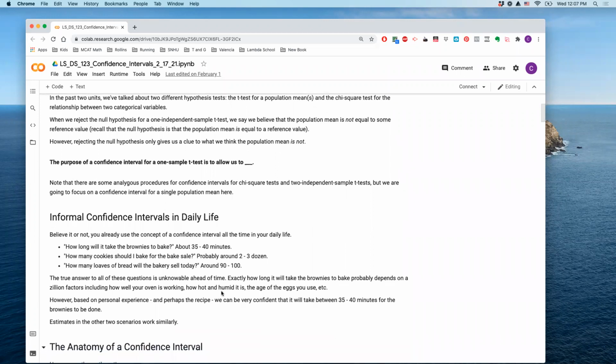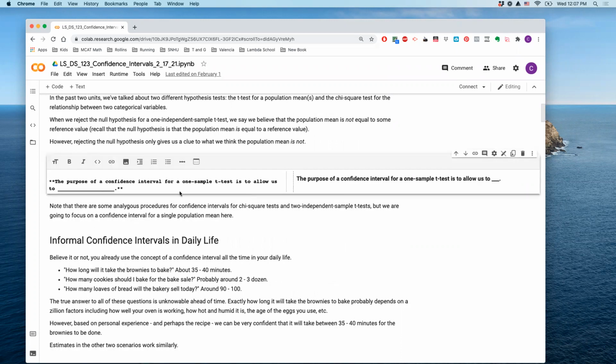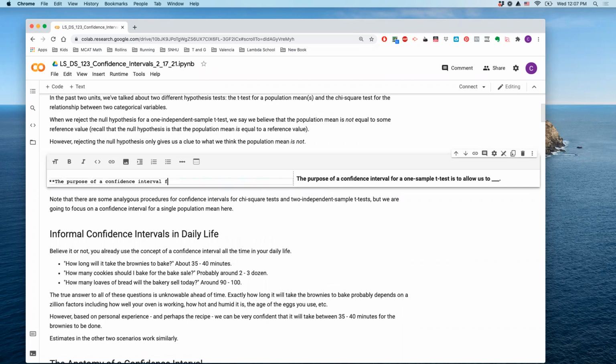The purpose of a confidence interval, I actually don't really like that statement for a one sample. Let's say the purpose of a confidence interval is to estimate a population parameter.